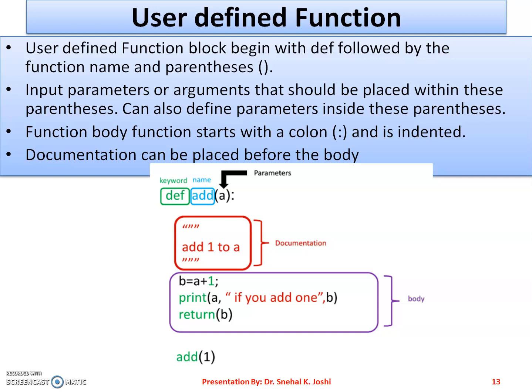So in the example, the structure of a user-defined function is shown over here. You have def, that is a keyword, and add is the name of the function. In the parentheses, we have a parameter that is a, and then we have the function body here. Okay, and finally we can call the function by name, and you can pass a parameter as shown here.